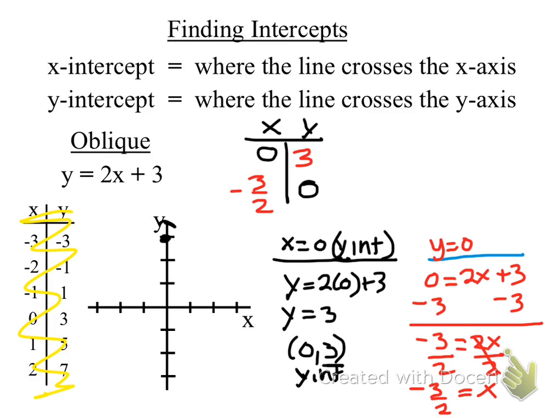Okay? So this is going to be my x-intercept. And the ordered pair here, I have no more room, so I'm going to put it up top, is negative 3 over 2, comma 0.